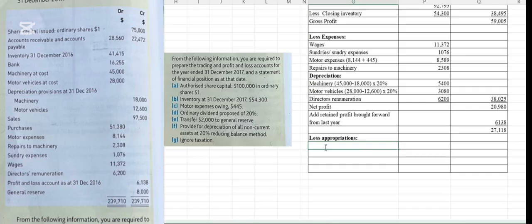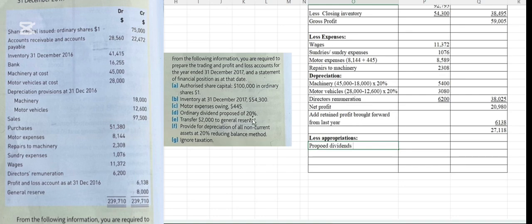Now, you could separate your dividends, but we could just put proposed dividend. Ordinary dividend was proposed of 20%. Now, 20% of what exactly? The share capital issued, which is 75,000.